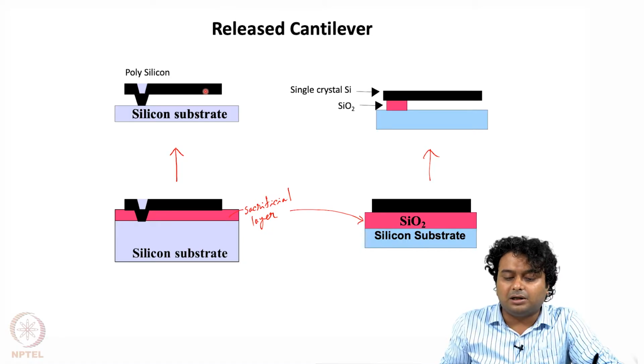Now if the cantilever is not stubby enough, I mean if it is long and thin, then there is a chance that it will stick to the substrate, it will get stuck to the substrate. So that is called stiction.